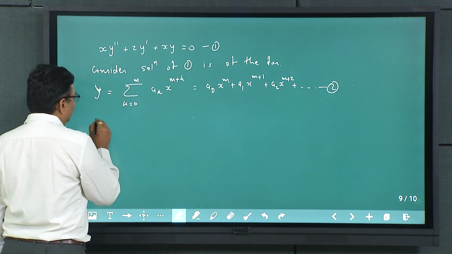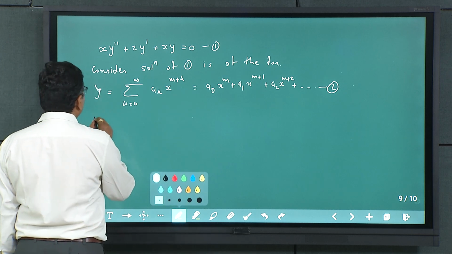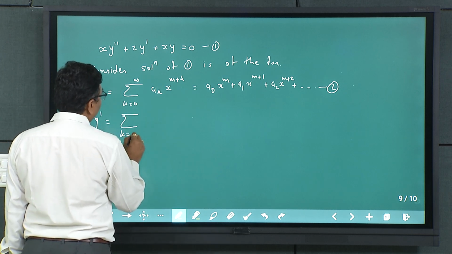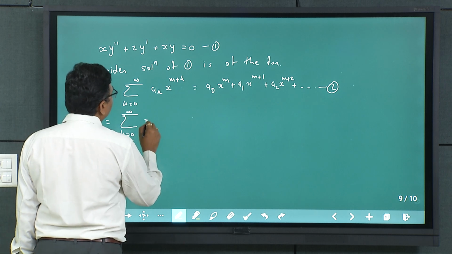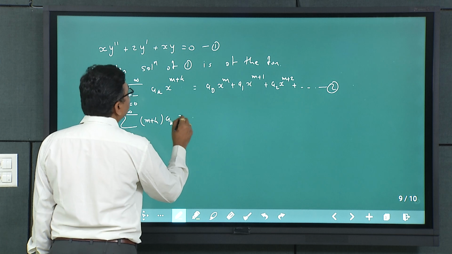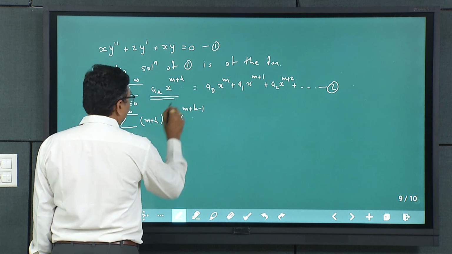Now, what is y dash? So y dash is equal to sigma k is equal to 0 to infinity (m plus k) into a k x raised to power m plus k minus 1, the derivative of this term.